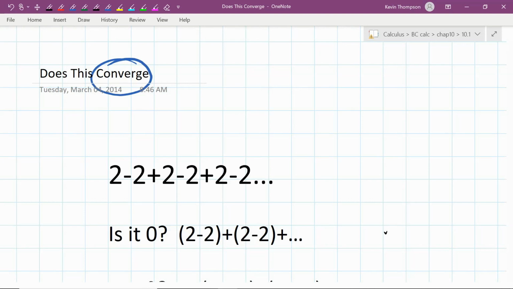But there's lots of series that won't be geometric that we'll need to decide whether they converge or not. So I've written something here like 2 minus 2 plus 2 minus 2 plus 2 minus 2. Now, sometimes when people look at that, they might say, well, the answer is 0, because they group the first two together, and then they group the second two together.